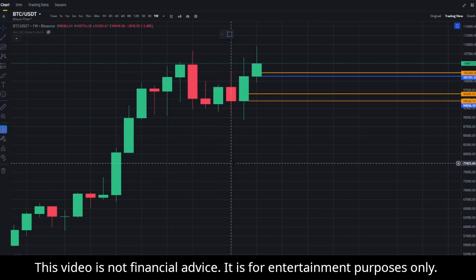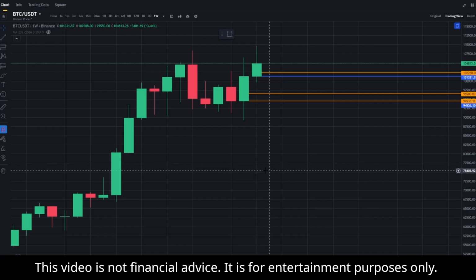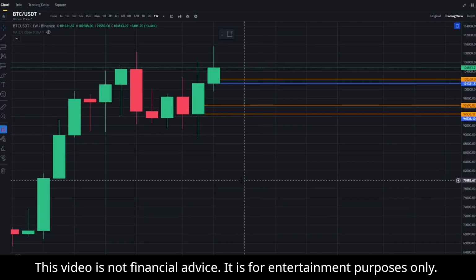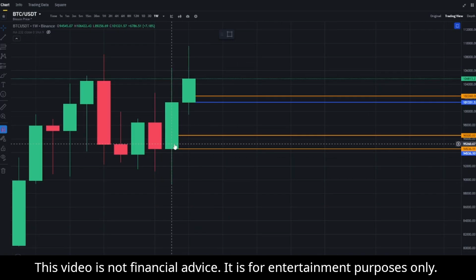For example, today I tried to capitalize on the daily and the weekly open. As you can see, I've drawn here in the weekly time frame some open prices, essentially for the two last green candlesticks. You have the blue line here, the last blue line, which is the open price of this weekly candlestick.